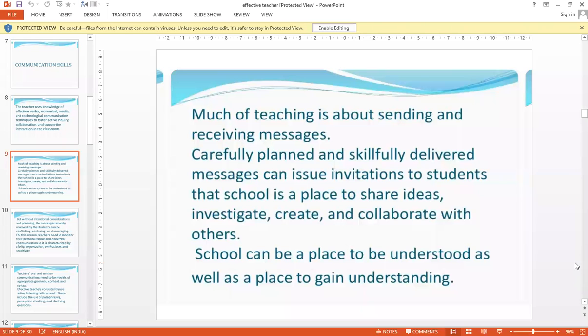Next, we have: a carefully planned and skillfully delivered message can issue invitations to the students that school is a place to share ideas, investigate, create, and collaborate with others. School can be a place to be understood as well as a place to gain understanding.